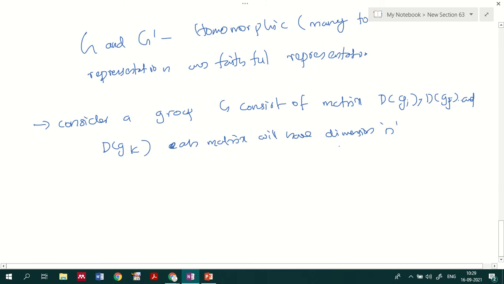In that case we can also form another representation by a similarity transformation. That is, when you take d dash of gi, that is equal to S inverse of d of gi into S, where S is a non-singular matrix.